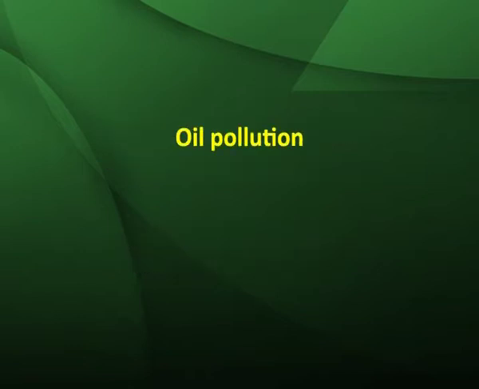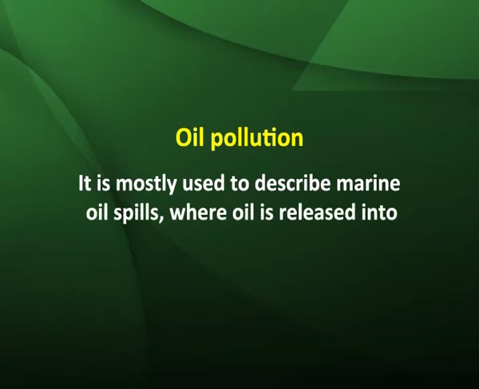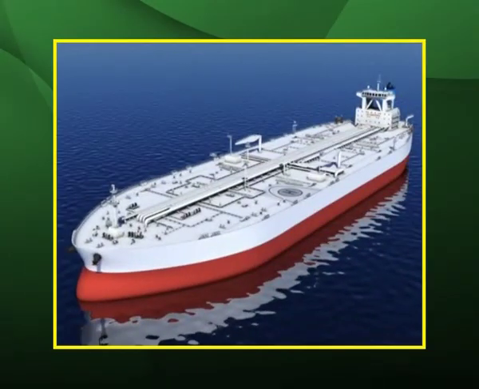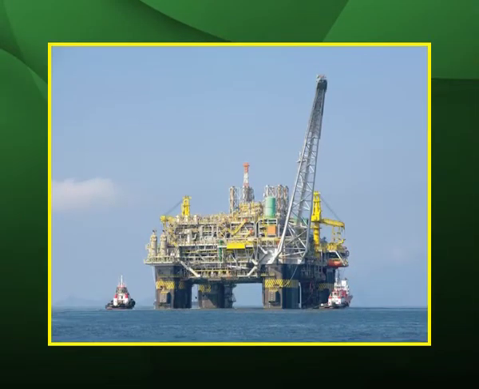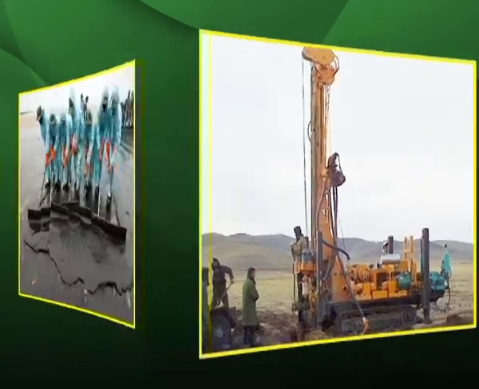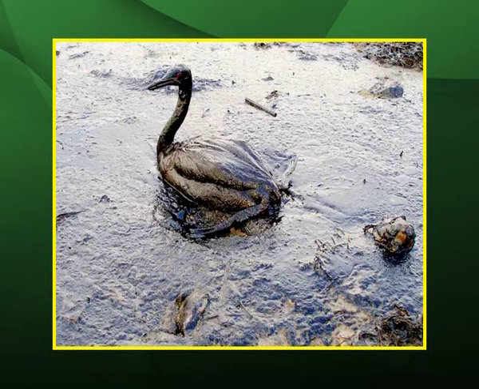First, oil pollution. It is mostly used to describe marine oil spills, where oil is released into the ocean or coastal waters. Oil spills are due to the following: crude oil from tankers, offshore platforms, drilling rigs and wells, spills of refined petroleum products such as gasoline and diesel, and spills of any oil refuse or waste oil.